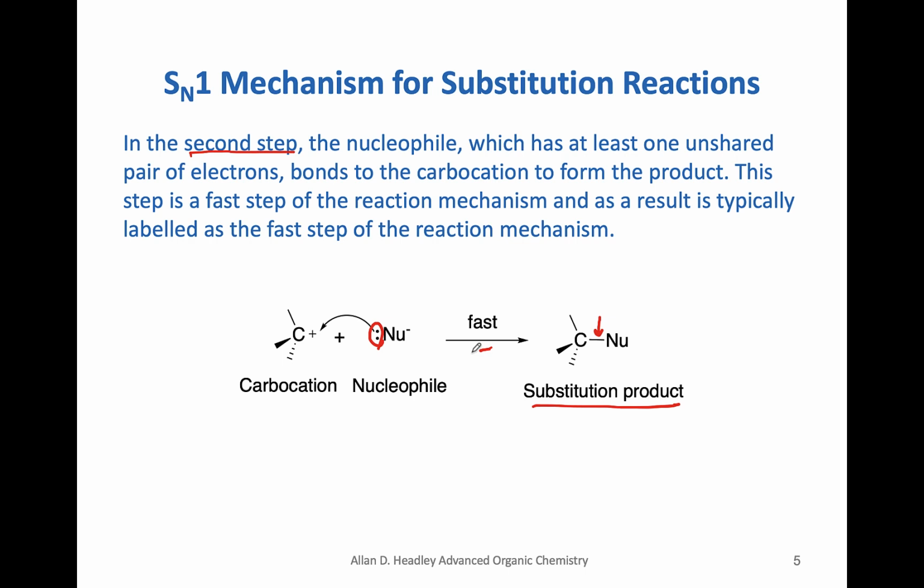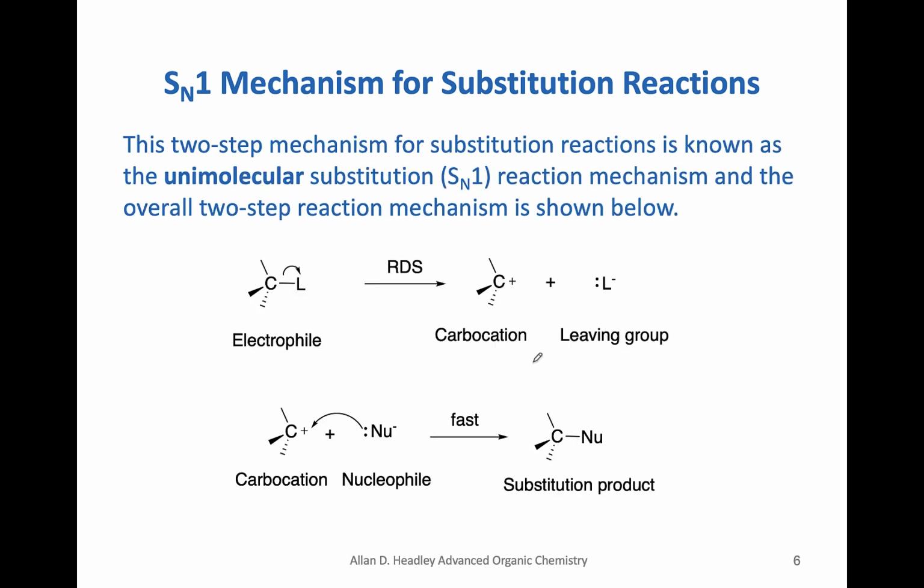As you can imagine, this step is fast because we have here a carbocation intermediate forming a neutral, stable product. So this step here is a fast step. Here is the summary of the SN1 reaction. An electrophile undergoes heterolytic cleavage to form a carbocation in the rate determining step.